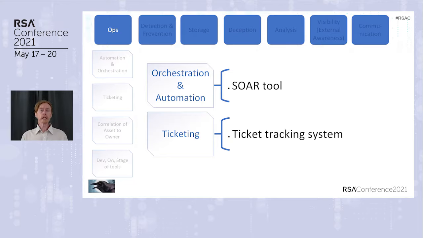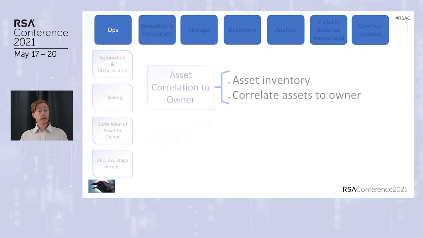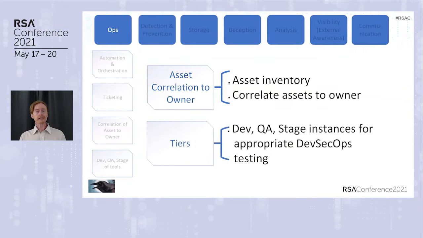Ticket tracking is another thing that helps us to manage our work and our workflow. And there are a lot of different vendors out there that sell ticket tracking systems, and everybody has one. This is something that the correlation to the owner is actually a tool that we can use in order to track who is assigned a specific asset.